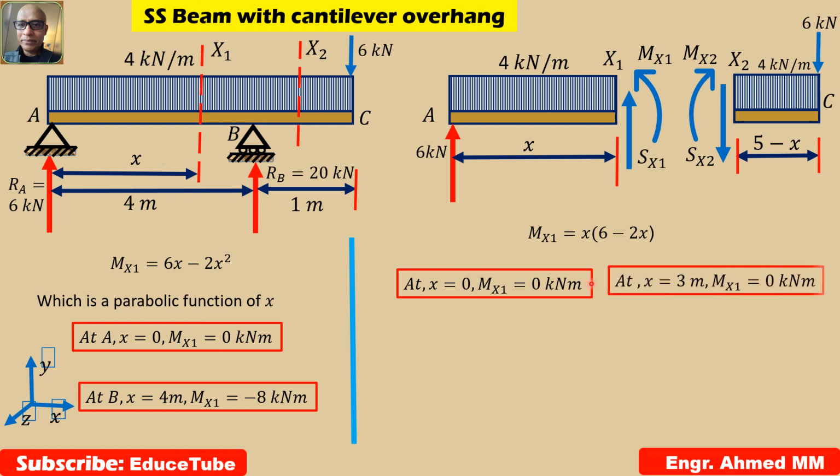Again, another boundary condition: if this is 0, it means 6 minus 2x equal to 0, so x will be 3. That's what it is. So Mx is 0 at x equal to 3. So what we found here, from here right up to x equal to 3, somewhere here our moment will be 0.